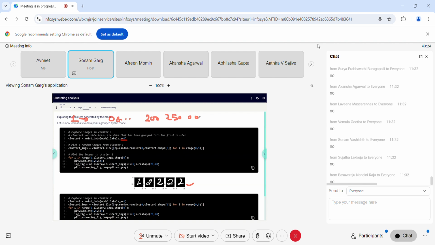Now a label is assigned to it internally. The number represents 2, but 2 lies in cluster 0. So the label of this first row will become 0. Is this okay?